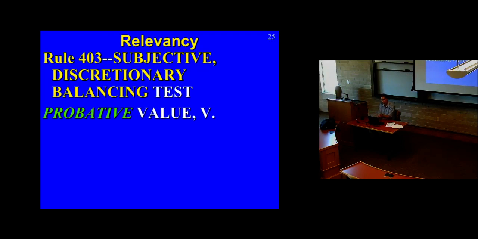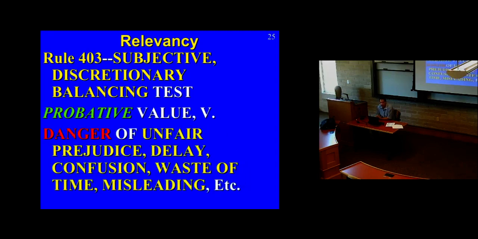So you take the probative value or the relevancy of the evidence, the weight of that evidence on one side, and you weigh that against the danger of unfair prejudice or undue delay, confusion of the issues, misleading the jury, wasting time, all of those 403 dangers.